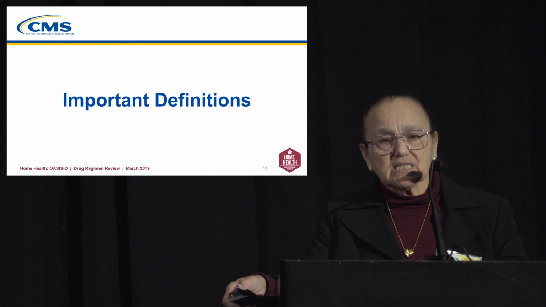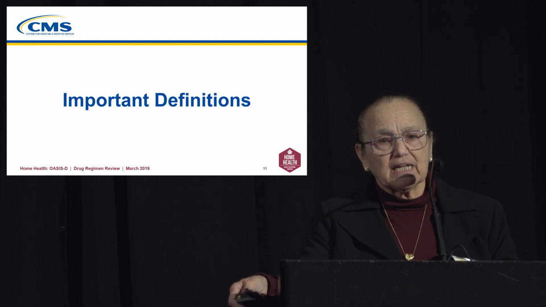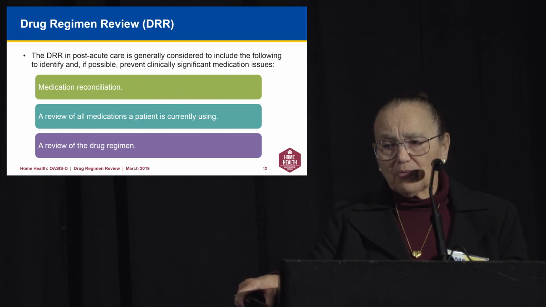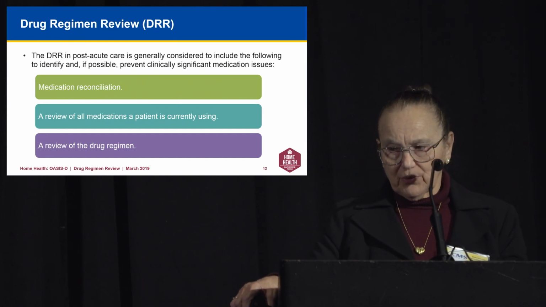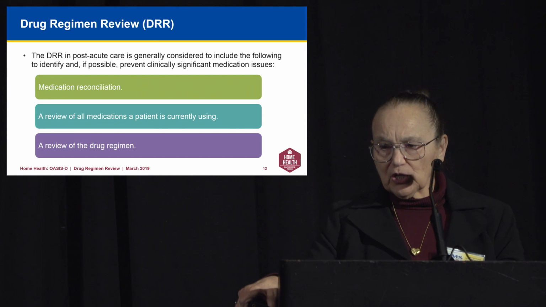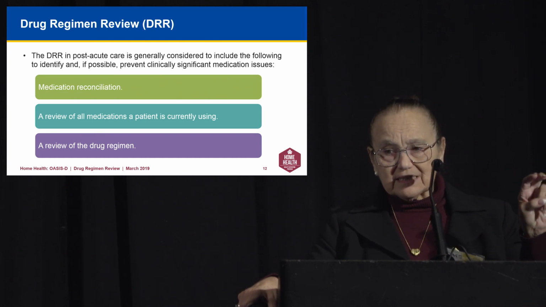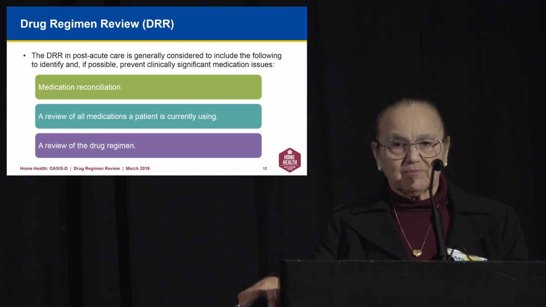The definitions are critical to understanding how to fill this measure. Drug regimen review in post-acute care is considered to include the following: to identify and, if possible, to prevent clinically significant medication issues.